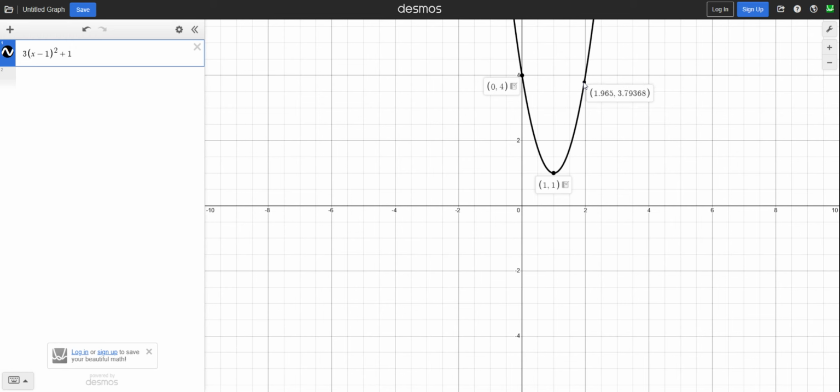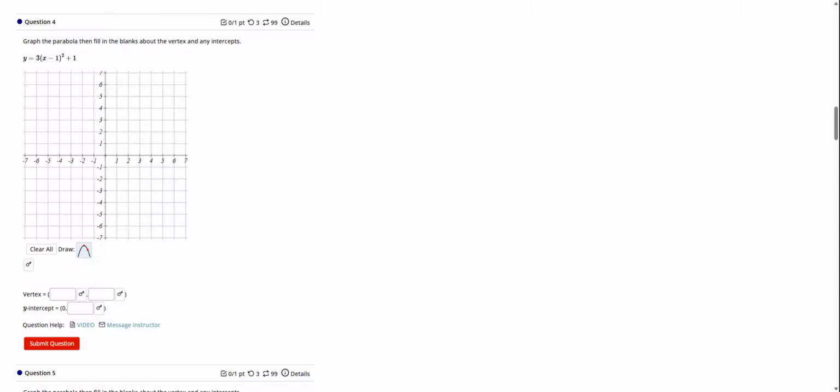A lot of times it won't let me get to the nice one. So make sure it's that 1, 1, 0, 4. The vertex is at 1, 1. Then the y-intercept, all you have to do is put the y value.